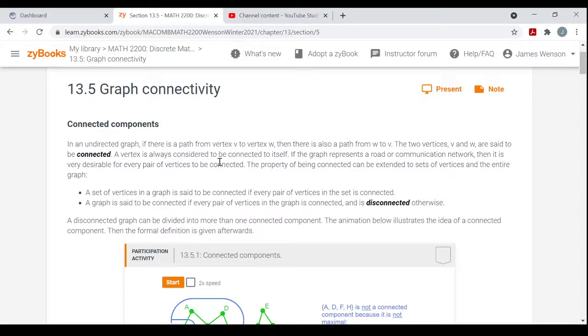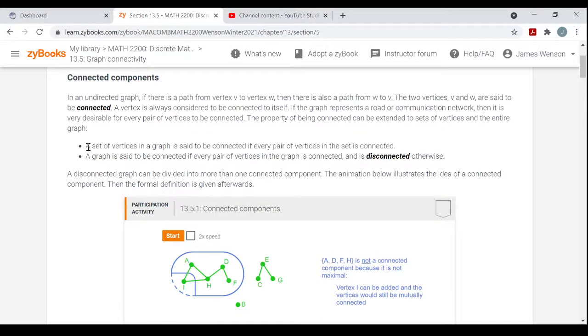There's a way to get from every town to every other town. The property of being connected can be extended to sets of vertices and an entire graph. And more definitions here.